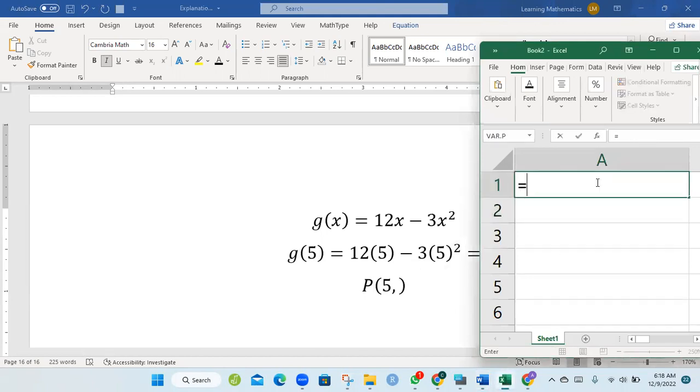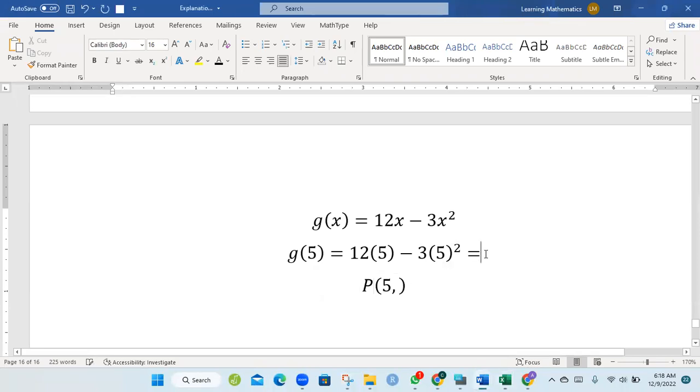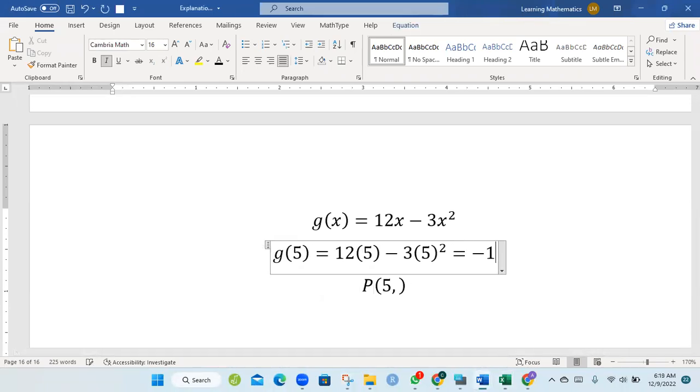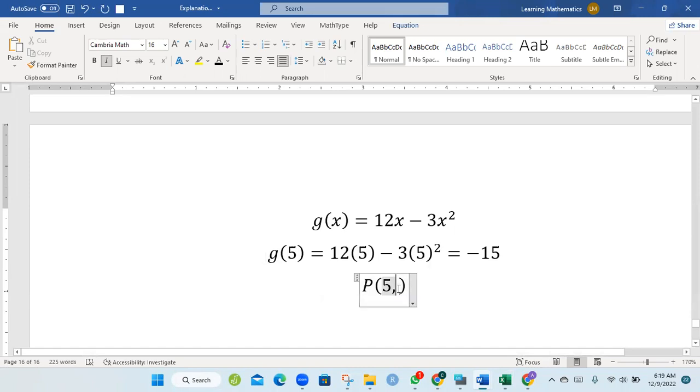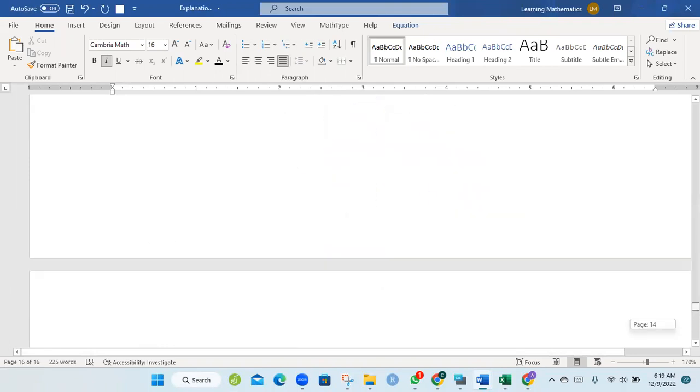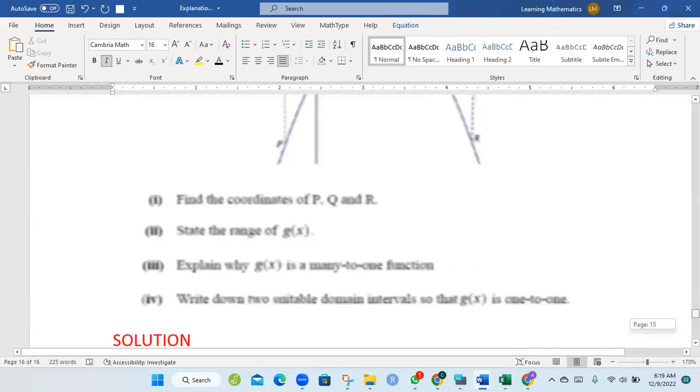The y coordinate will be equal to 12 times 5, subtract 3 times 5 raised to the power of 2. So the y coordinate of p is negative 15. Therefore, the coordinates of p are (5, -15). And that will answer part 1.